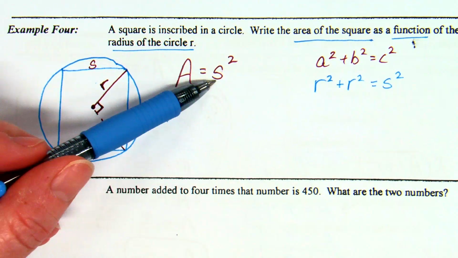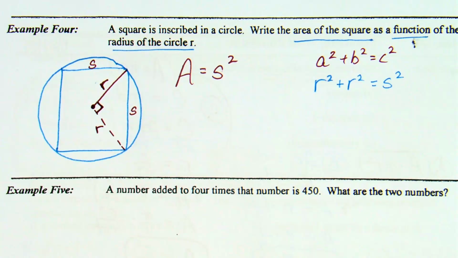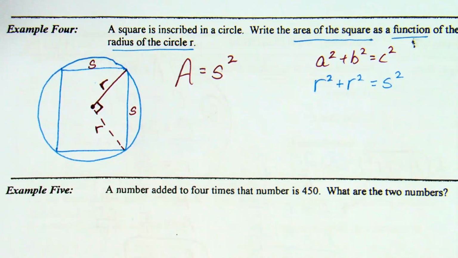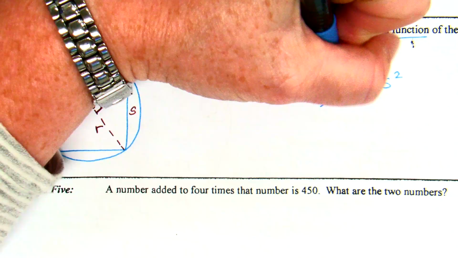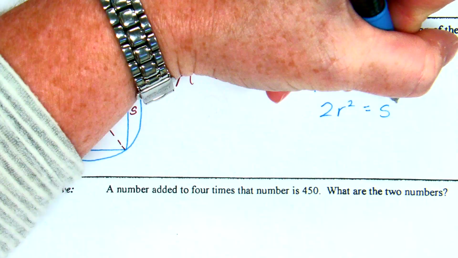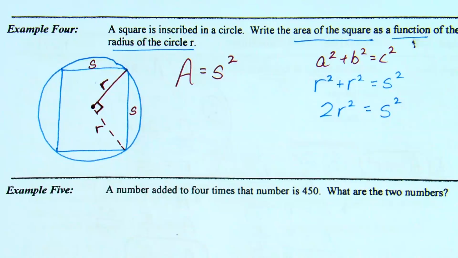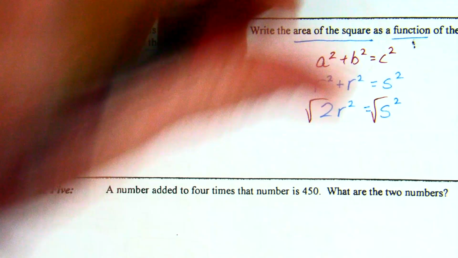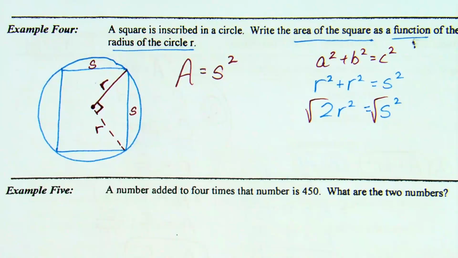First of all, what is R squared plus R squared? 1R squared plus 1R squared is 2R squared. Officially, how do I solve for S? If it's S squared, we're going to take the square root.